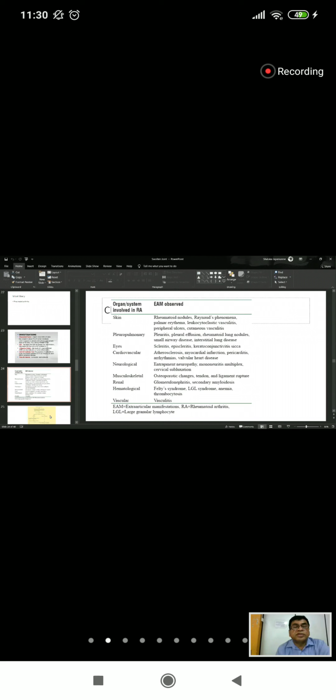It's all textbook stuff, of course, you can know, but since we have asked the question, you can get rheumatoid nodules, Raynaud's phenomenon, palmar erythema, leukocytoclastic vasculitis, pleuropulmonary involvement like pleuritis, pleural effusion, lung nodules, and eye involvement: scleritis, episcleritis, keratoconjunctivitis.